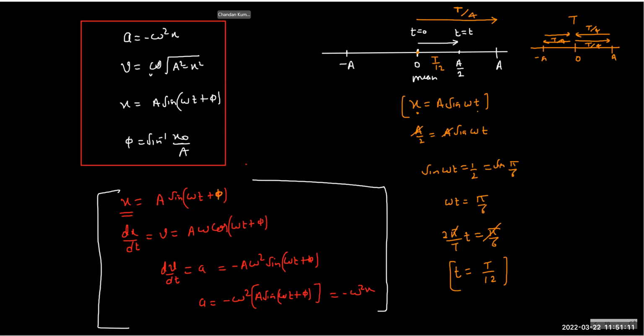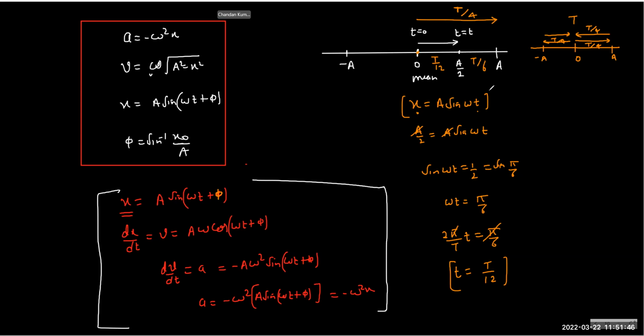But to go from 0 to A by 2, the time taken is T by 12. So how much time will you take to go from A by 2 to A? So time taken to go from A by 2 to A will be how much, guys? Anybody? T by 6.